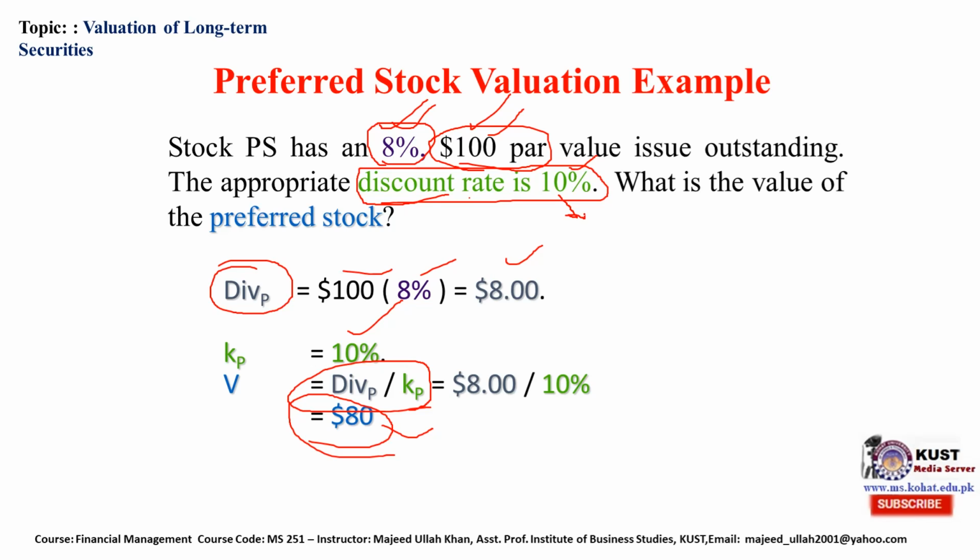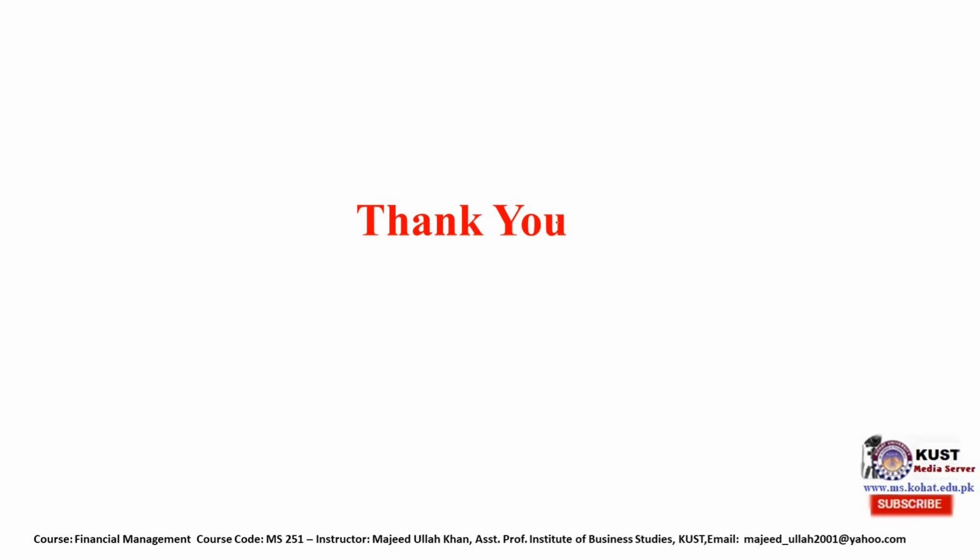So people will not invest in this 8% asset. They will invest in the open market where they can get 10% interest on their $100. So they will not prefer to buy this stock, so its value will be reduced and discounted. Thank you. This is all about today's lecture.